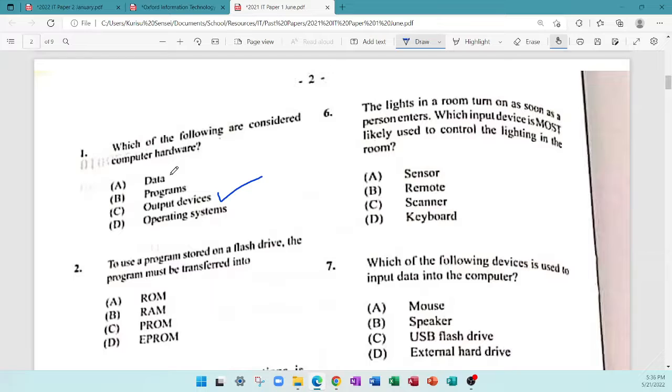Raw facts. You can't say raw information, because information is processed. You can't say unprocessed. It'll be raw facts, raw facts and figures.